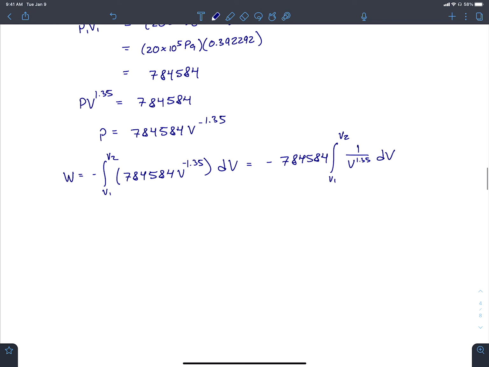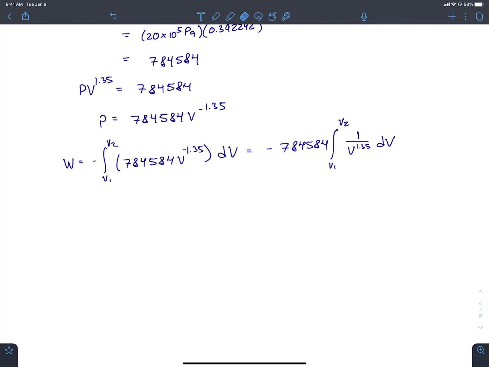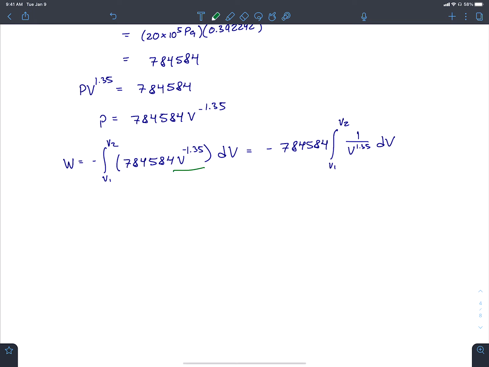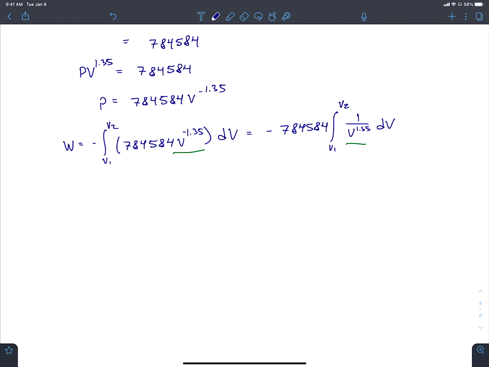So remember, if you have anything times an exponent, or negative exponent, that's just a fractional reciprocal of that, if that makes sense. So essentially going from here to here. I only mention this because a lot of students struggled with this concept last year.